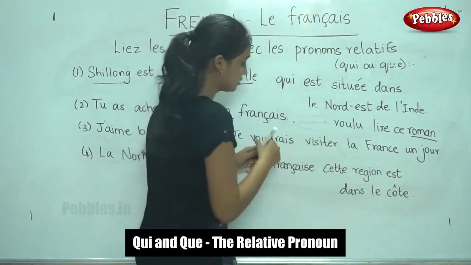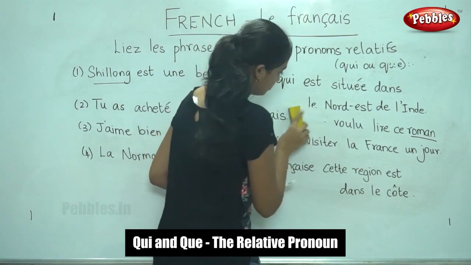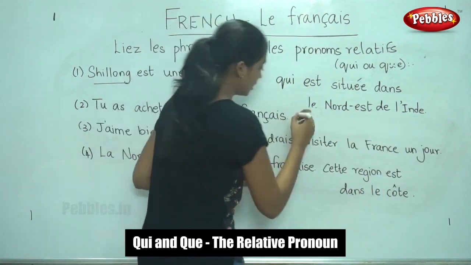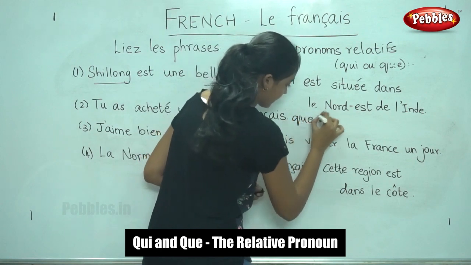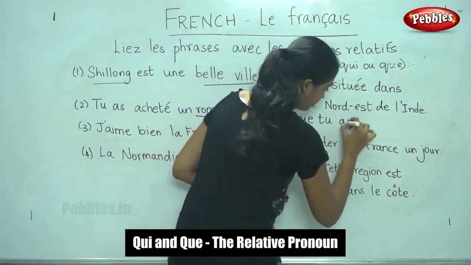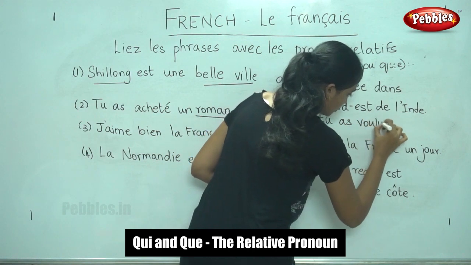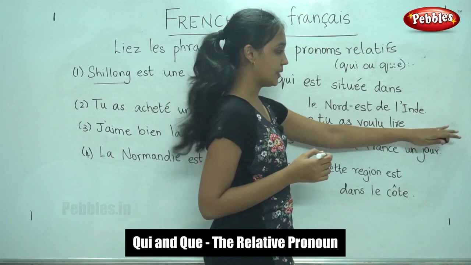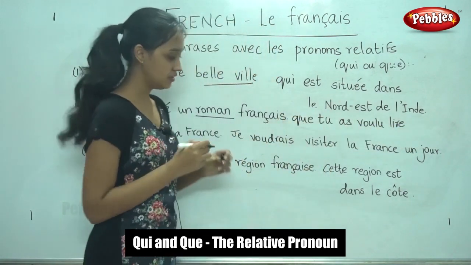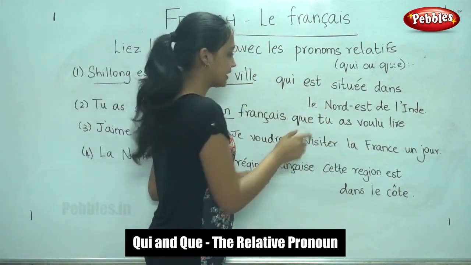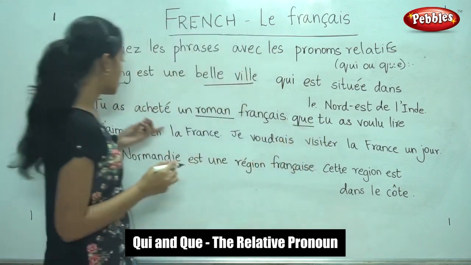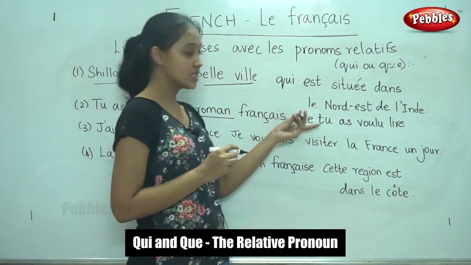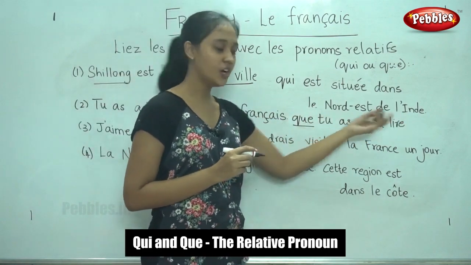You would write que tu as voulu lire. You should leave out the word that is repeated. Ce roman is not written. Instead of that, we write the word que. So you bought a French novel which you wanted to read.